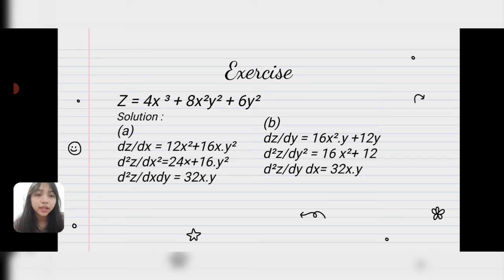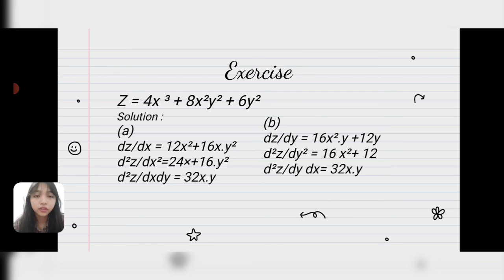So plus 16 from 8 times 2, x y to the power of 2. We are not going to put 6 y to the power of 2 because that number doesn't have an x variable, so we are not going to put it there.